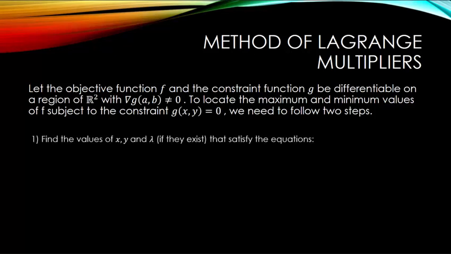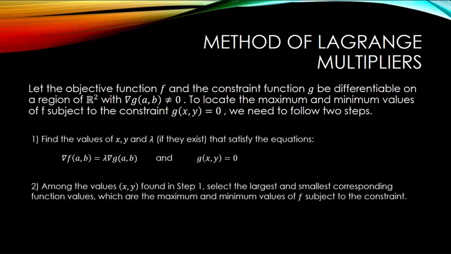One, we first have to find the values of x, y, and lambda, if they exist, that satisfy the equations: the gradient of f equals lambda times the gradient of g, and g(x,y) = 0. Two, as I look at the values of f at the points (x,y) that I found in step 1, the largest value I obtained is the maximum, and the smallest value I obtain is the minimum value of f subject to that constraint.